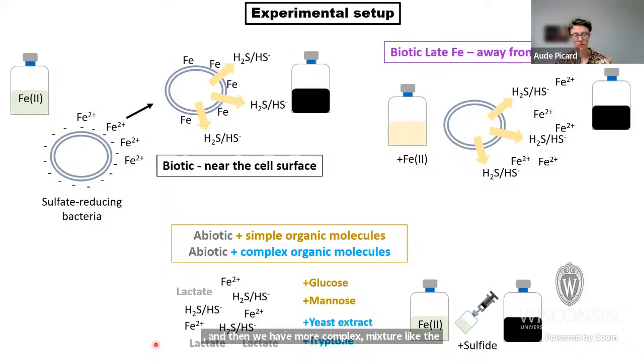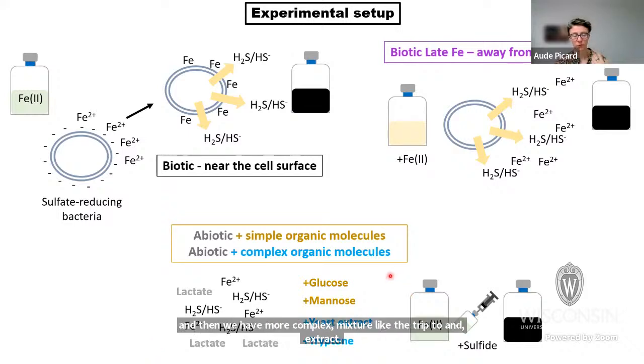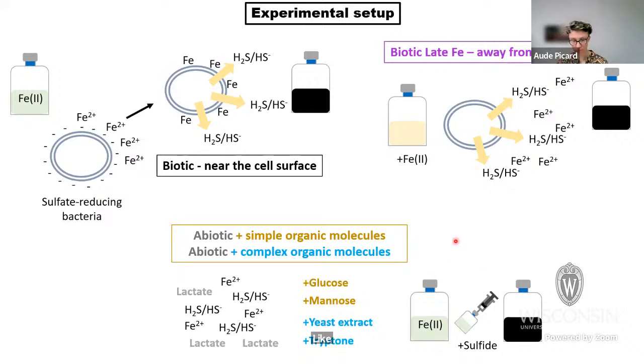Lactate is also what we use to feed the microbes. So we incubate all of that in the medium with iron, and then we add sulfide. And here I didn't really have an expectation about what we could see, so I'll just mention that afterwards.